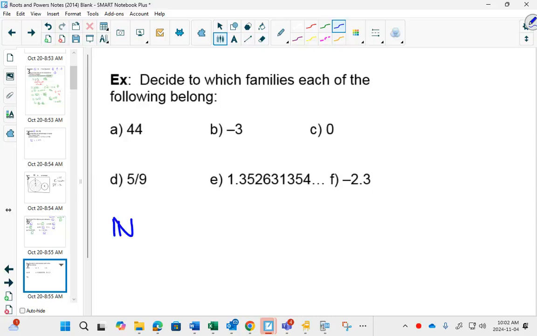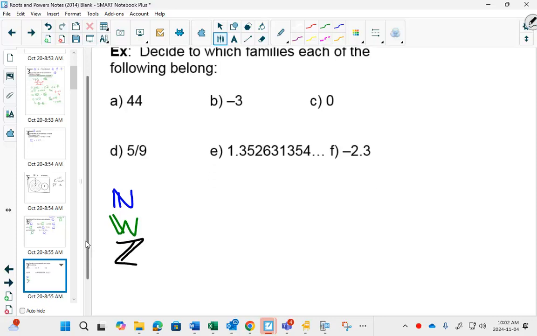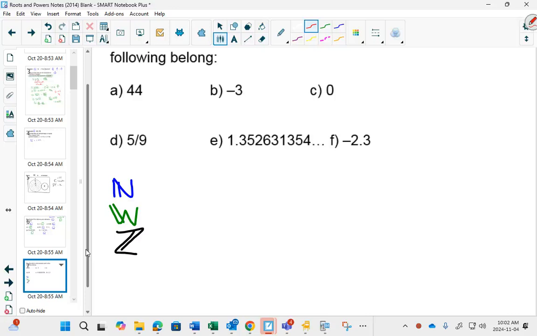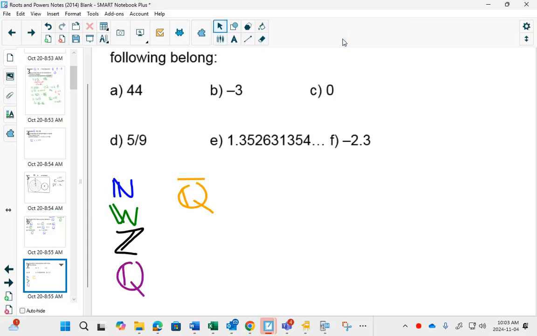Make our symbol for natural numbers, whole numbers, integers, and rational numbers, and then I'll put off to the side irrational numbers, and all of these together make our, I need another color.